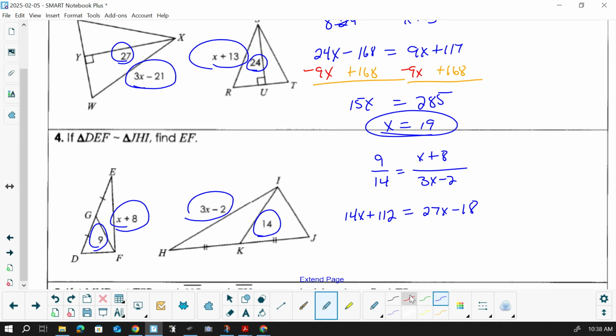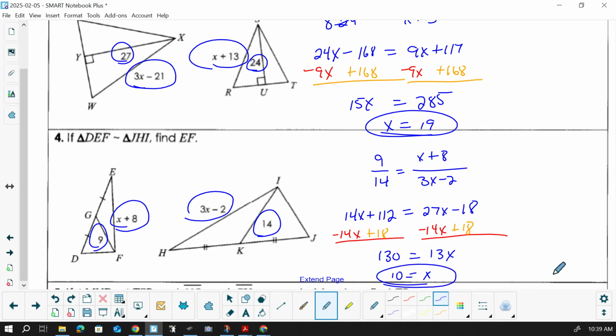Okay. And we'll subtract that 14x from both sides. And while I'm at it, if I'm getting rid of the 14x, I'm going to get rid of this 18. And so we end up with 112 plus 18 is 130. 27x minus 14x is 13x. That'll work out good. Divide both sides by 13. We get x equals 10.